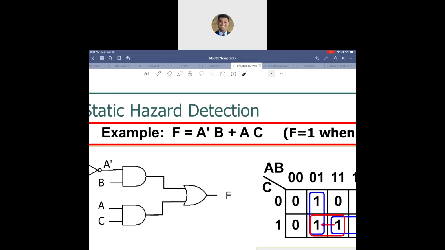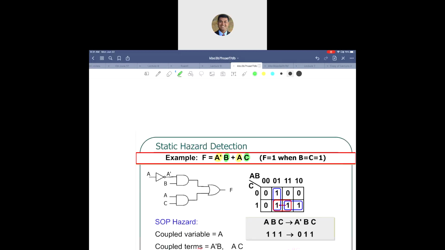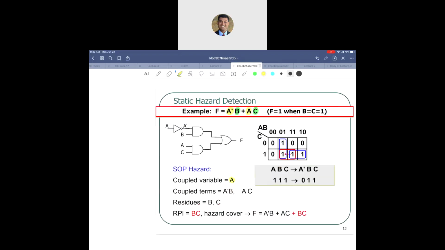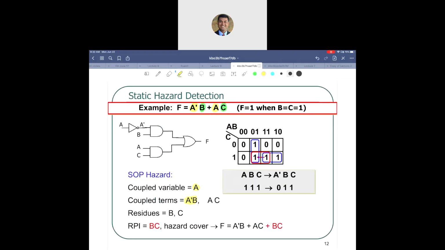Well, coupled variable should be A. What are the residues? Residues should be BC. So if you add BC as the RPI, you should fix it. Coupled variable A. The coupled terms are both the terms are coupled.